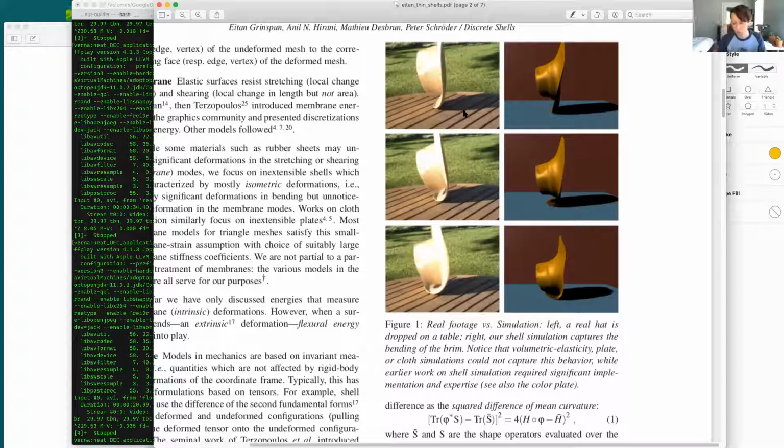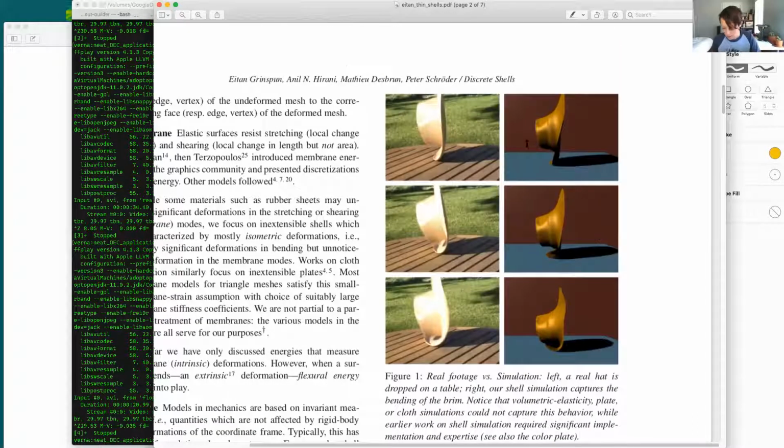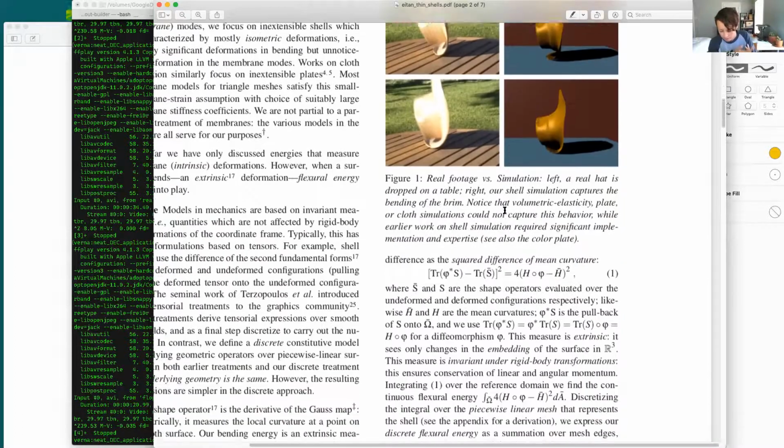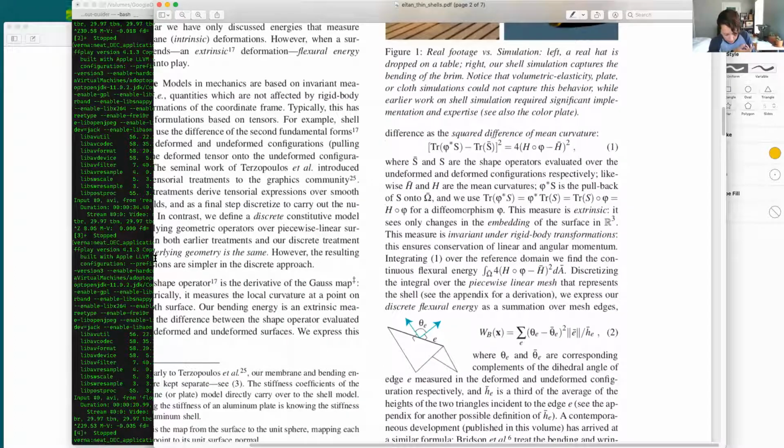So here's the problem. We want to be able to encode something as complex as the starting configuration of this hat, but we don't want to triangulate the volume. We don't want tetrahedra and stuff like that. We want to do it with just a single surface mesh. The way they came up to do this does the following.